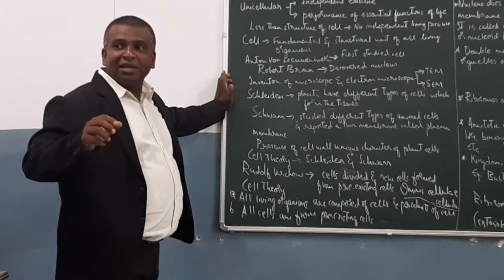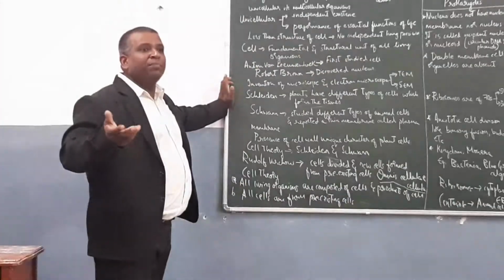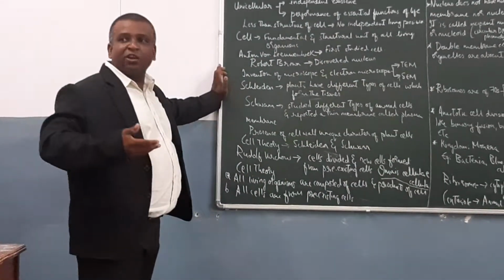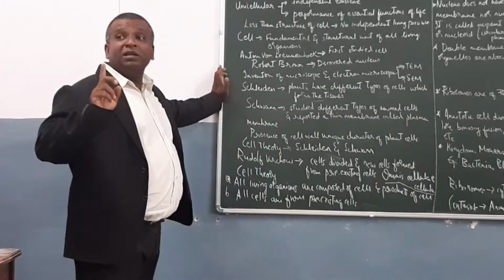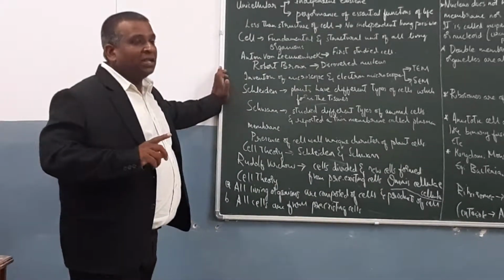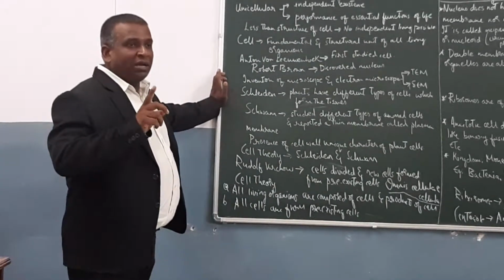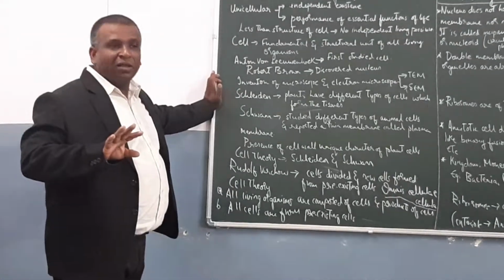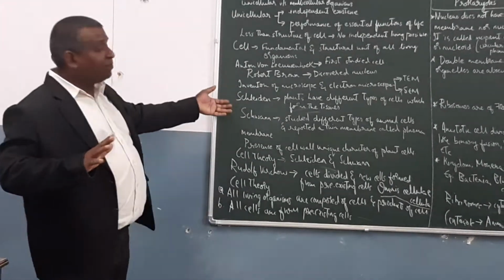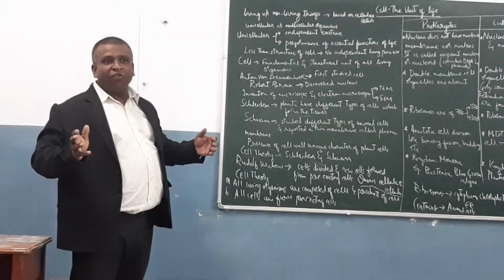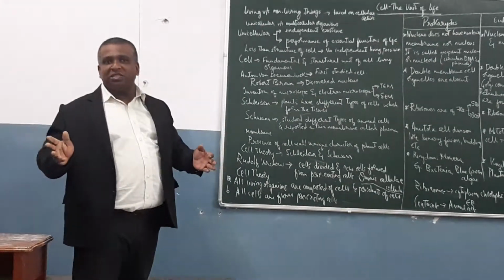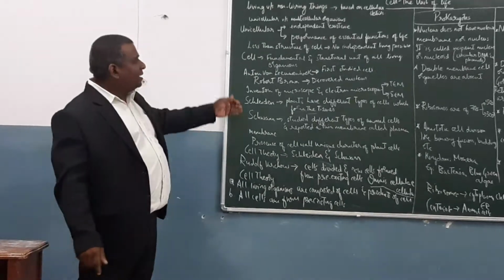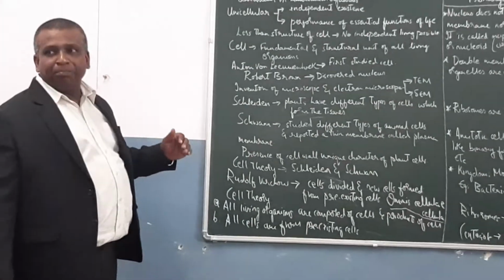Organs within the cell we call cell organelles, like mitochondria, Golgi complex, endoplasmic reticulum. We are able to study them by electron microscope. That is not possible with your ordinary dissection microscope or compound microscope. You should understand that this progress of technology, the invention of these devices, helped in understanding cell biology better.